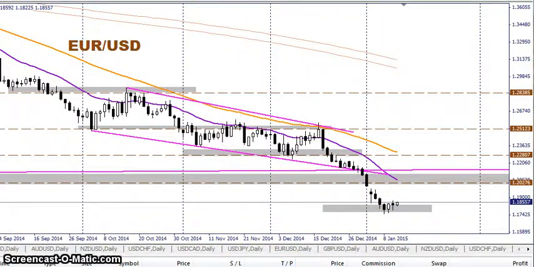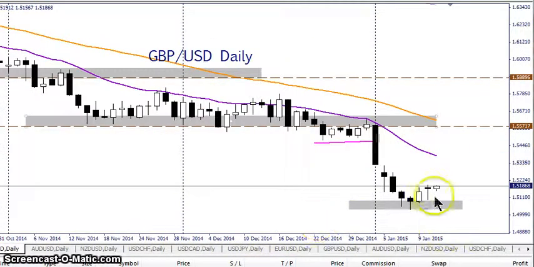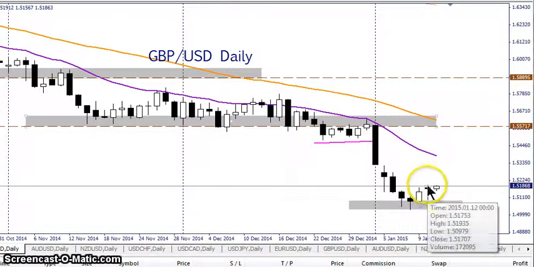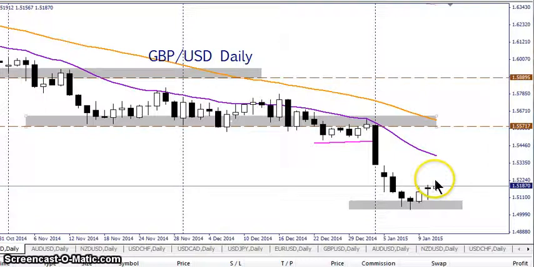Okay, the next pair, the British pound US, is basically the same as the euro US dollar. Again, you can see here prices bounced off, and again it looks like price is going to break this candle right here. If it does, most likely price will continue to go up a little bit higher to at least, let's take a look here.